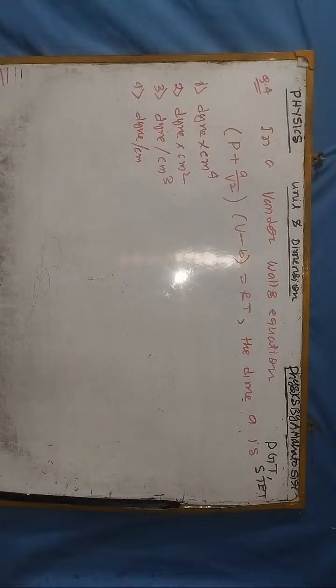The van der Waals equation is given: p plus a by v square, times v minus b, equals rt. Then the dimension of a is: 9 into centimeter to the power 4, 9 into centimeter square, or 9 into centimeter cube.